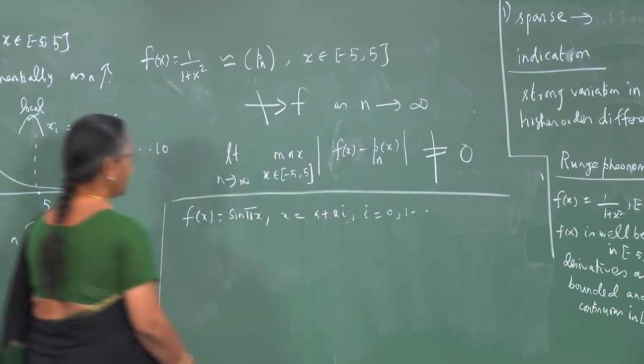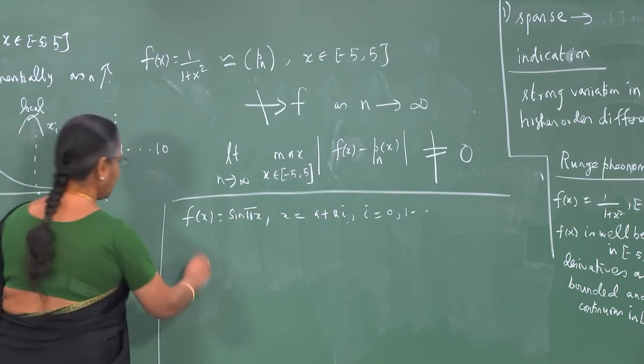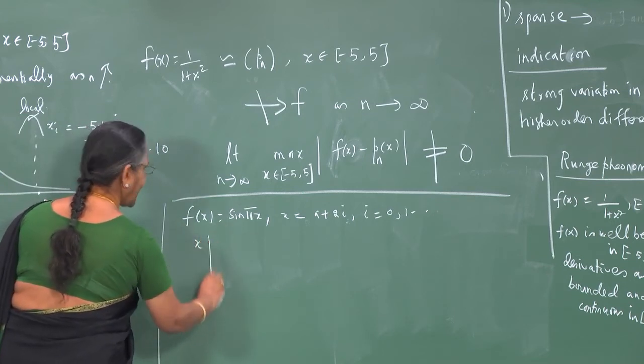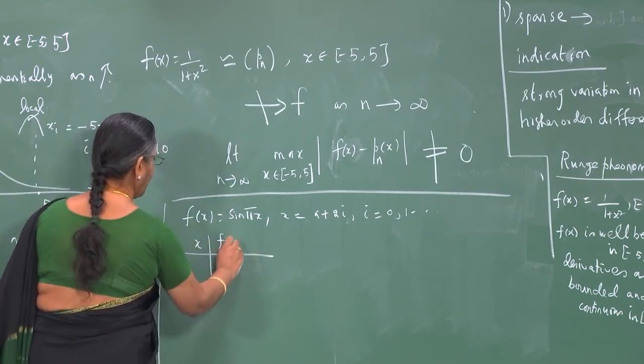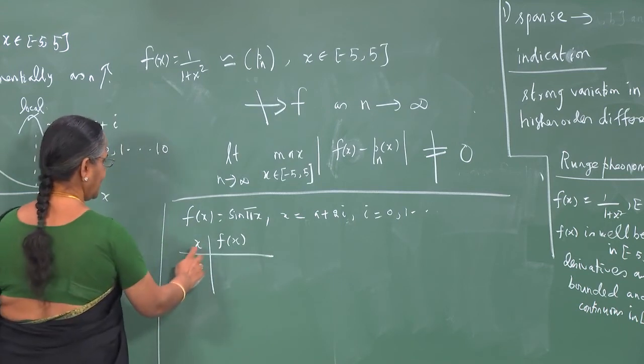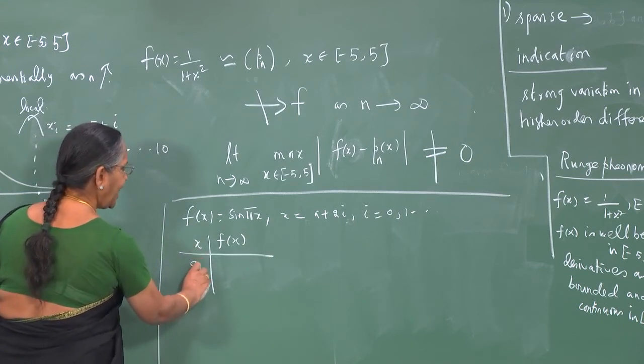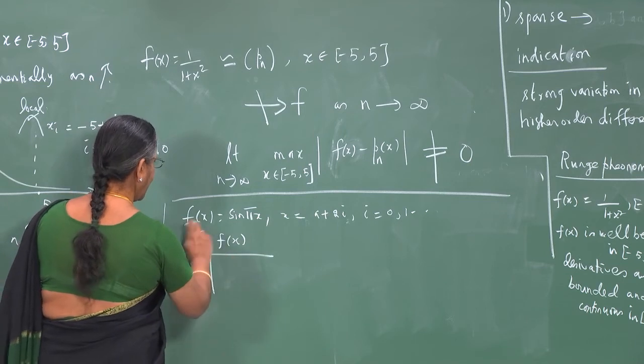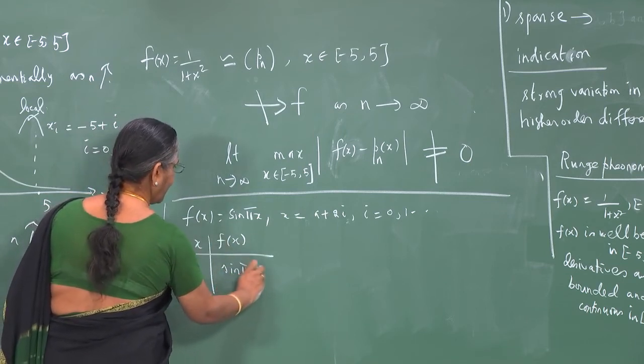Then when I write down the corresponding values f of x, when x is equal to a, when i is 0, I get this to be sin pi a.